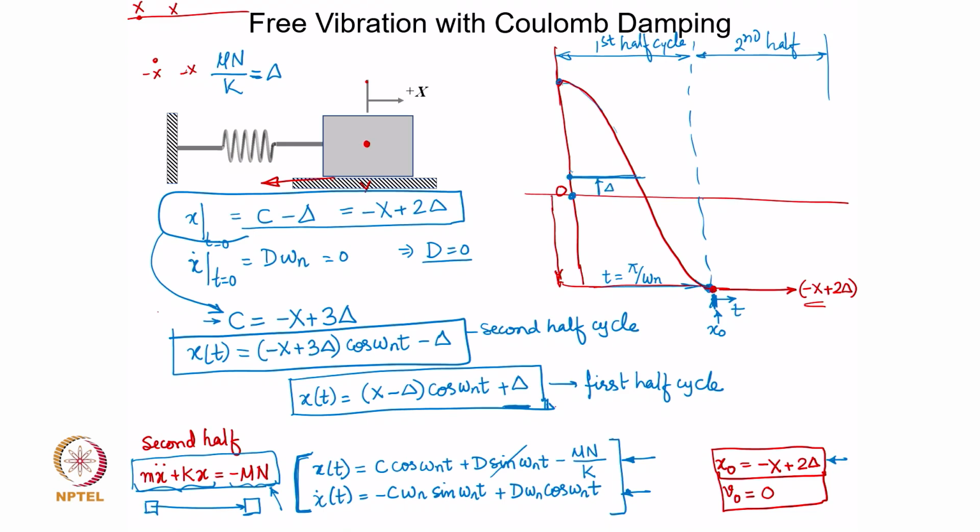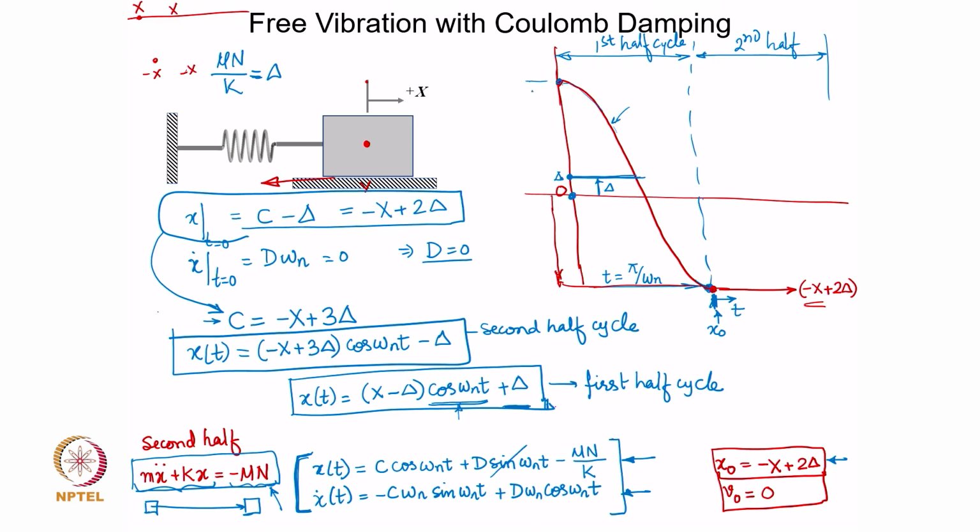So, this displacement is delta value, okay. And the amplitude with which the harmonic oscillation happens. So, this is going to form a cosine waveform cos omega n t, which means that this motion is going to follow a cosine function, which is obvious from this expression that we have, with an amplitude x minus delta.